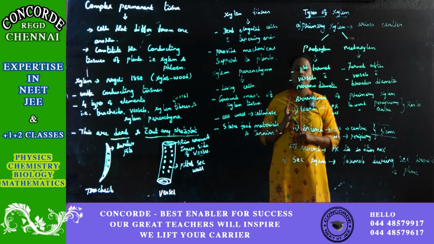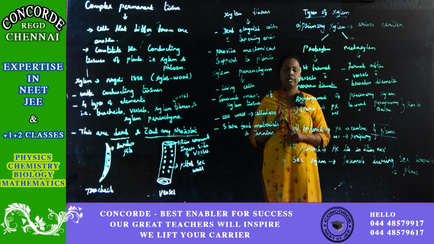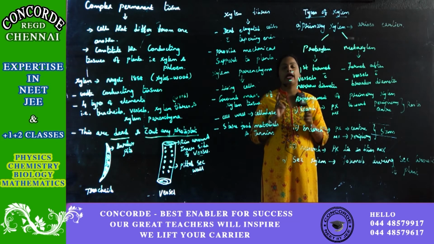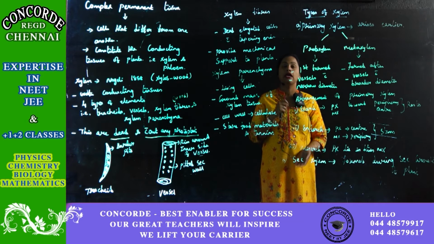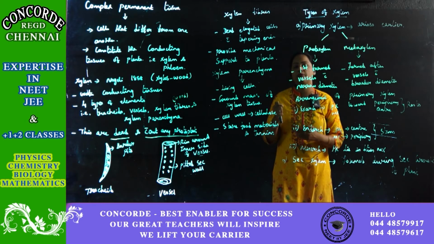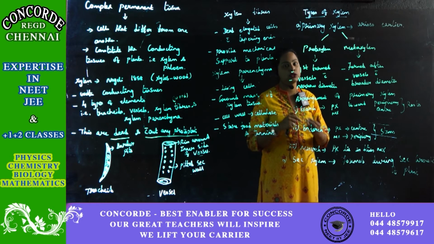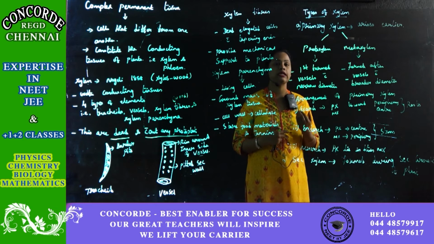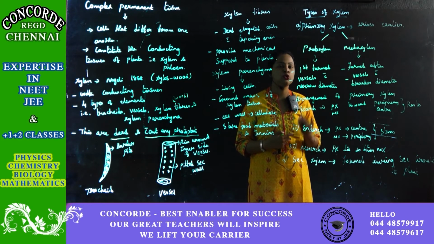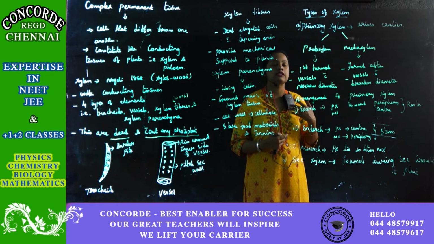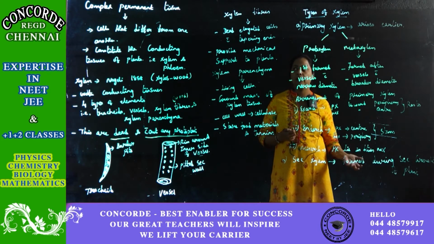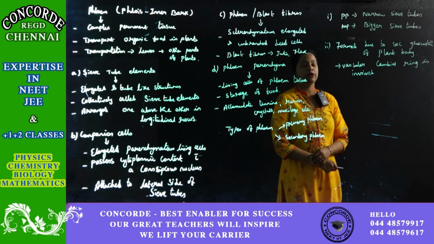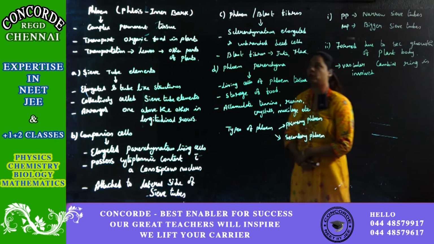In exarch, protoxylem is towards the periphery and metaxylem towards the center, seen in the roots. Endarch is vice versa. Mesarch is in between, so protoxylem lies in between the metaxylem. Next, secondary xylem is usually formed after the secondary growth seen in the plant. So in complex permanent tissue, so far we were discussing the xylem.